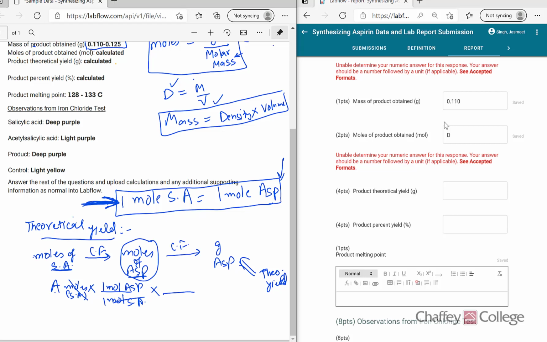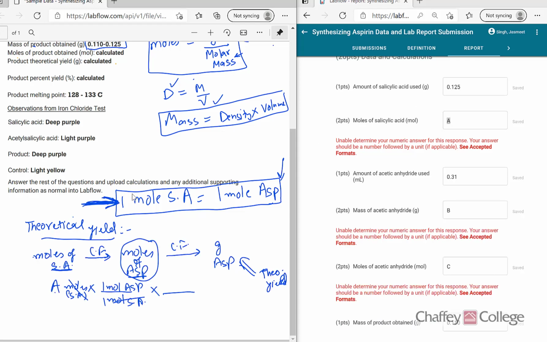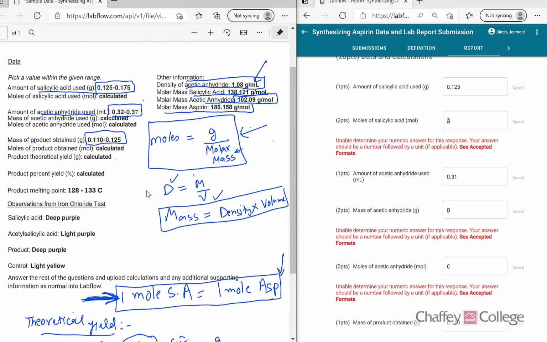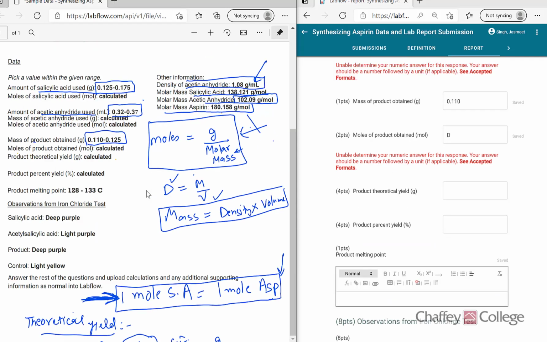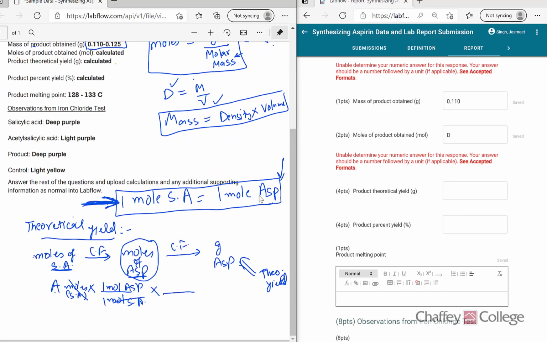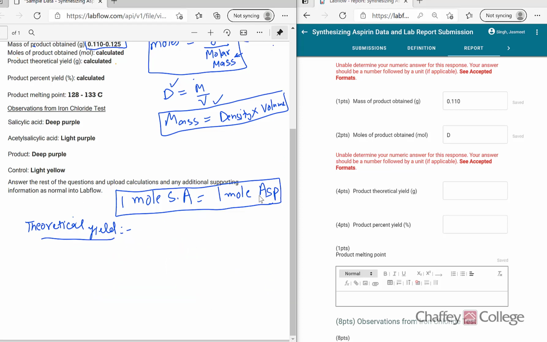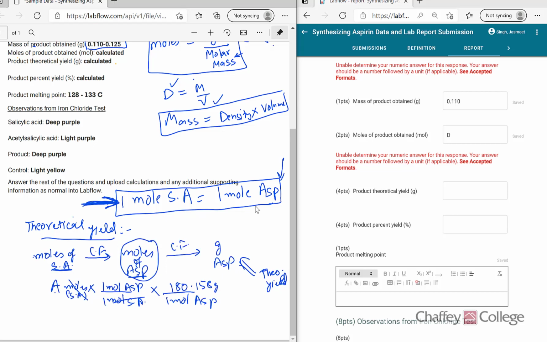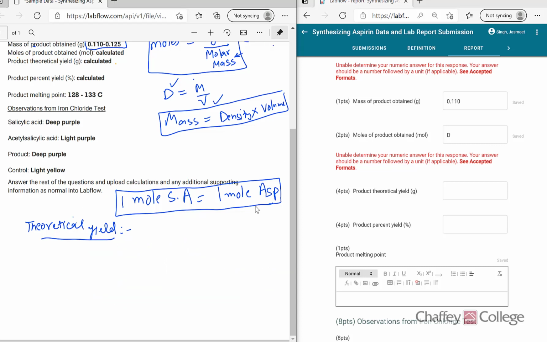Next we need to convert moles to grams. Again, the conversion factor is going to come from here. That is the relationship between moles and grams. So 1 mole of salicylic acid, or excuse me, aspirin. So 1 mole aspirin on the bottom, and on top will be 180.158 grams. So moles of aspirin cancel with moles of aspirin, and whatever number you get here, that should be our theoretical yield.